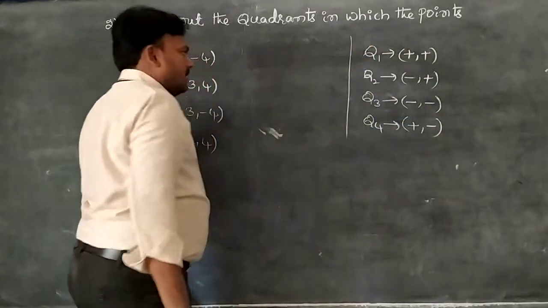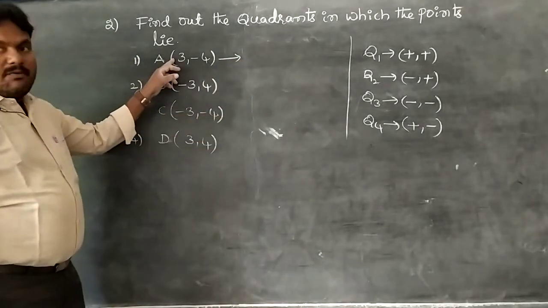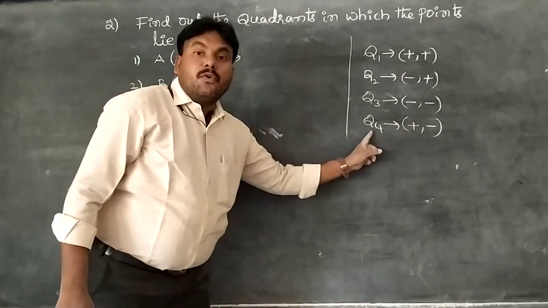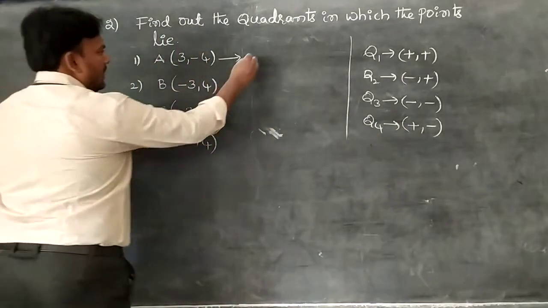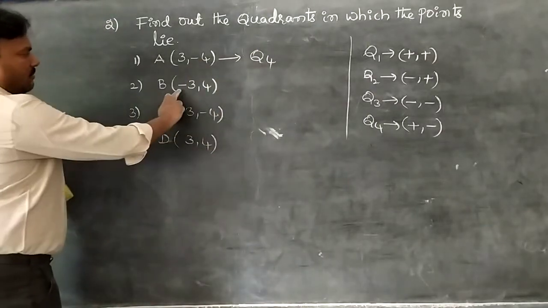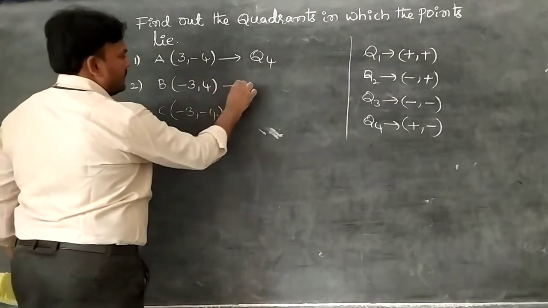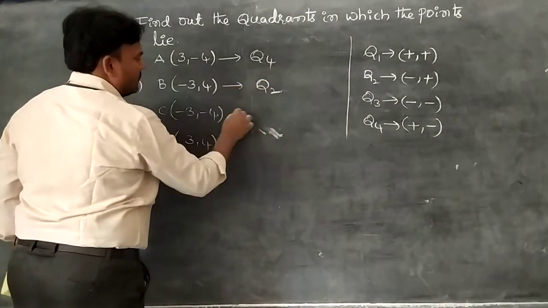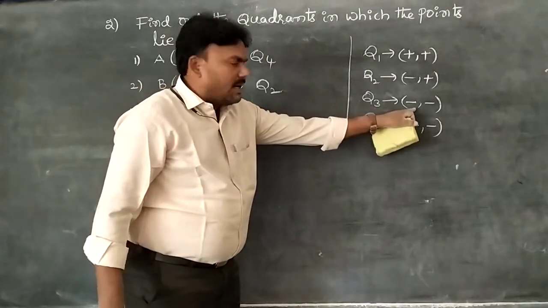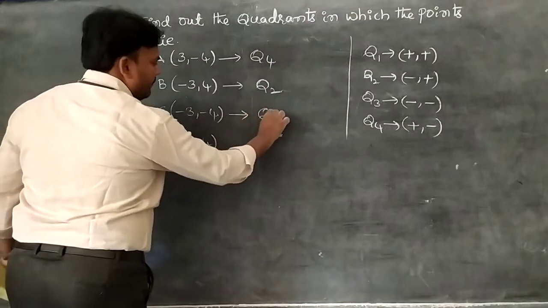Focus on the signs, then identify them. Here, no symbol means plus is automatically included. So A is plus, minus: it is the fourth quadrant, Q4. Next, B is minus, plus: it is the second quadrant, Q2. Then C is minus, minus: it is the third quadrant, Q3.